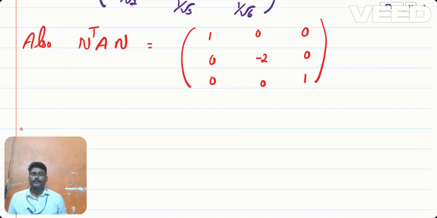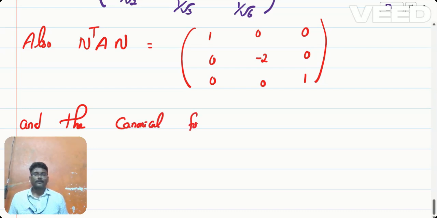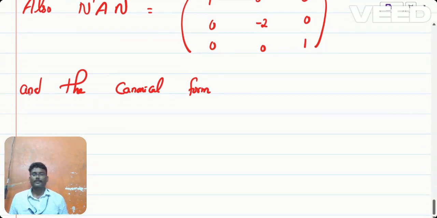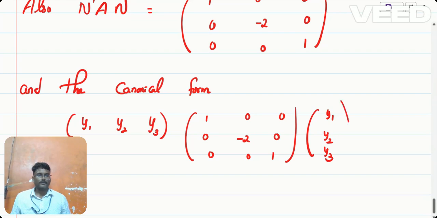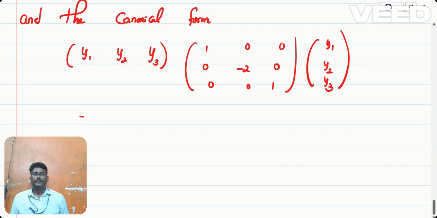And the canonical form is y1, y2, y3 times the matrix 1, 0, 0, 0, minus 2, 0, 0, 0, 1 times y1, y2, y3, so it is equal to y1 square minus 2 y2 square plus y3 square.